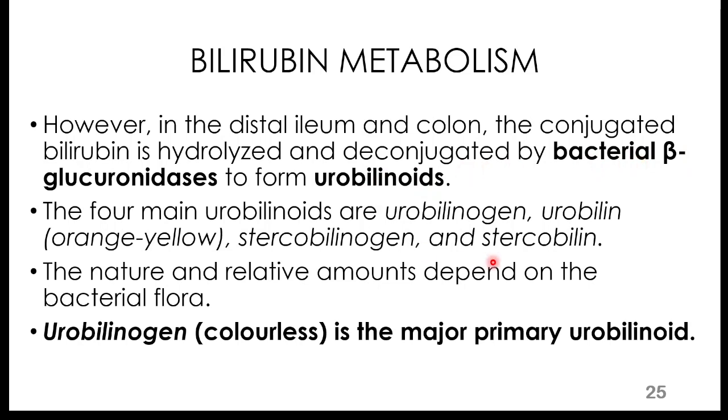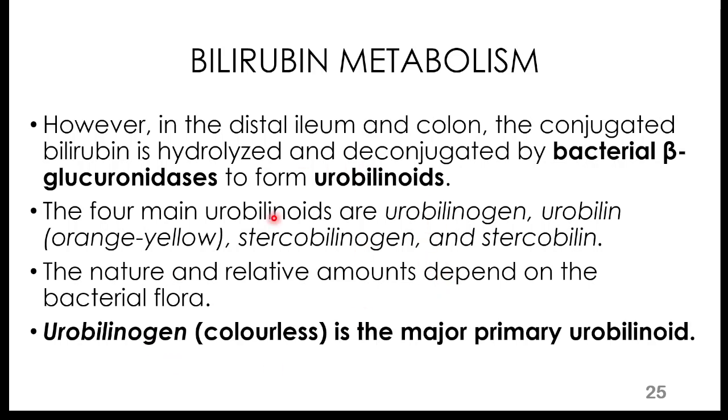There are four main urobilinoids: urobilinogen, urobilin, stercobilinogen, and stercobilin. The nature and relative amounts of these urobilinoids depend on the particular composition of the bacterial flora in any individual's gut.